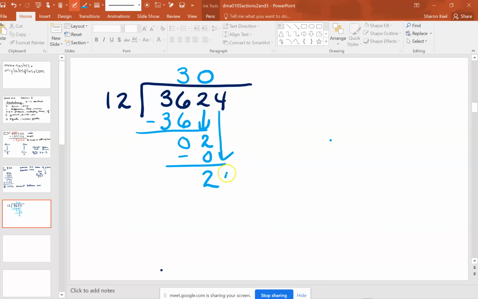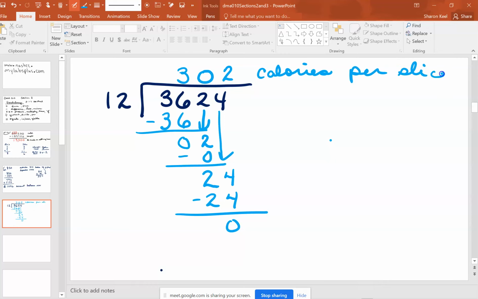We bring down the next digit, which is 4. 12 goes into 24 2 times. 2 times 2 is 4. 2 times 1 is 2, and when we subtract, there is no remainder. So what we have would be 302 calories per slice of pizza. Okay?